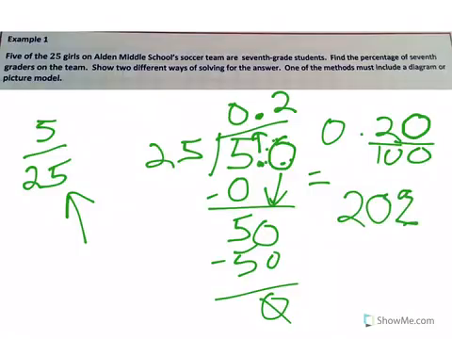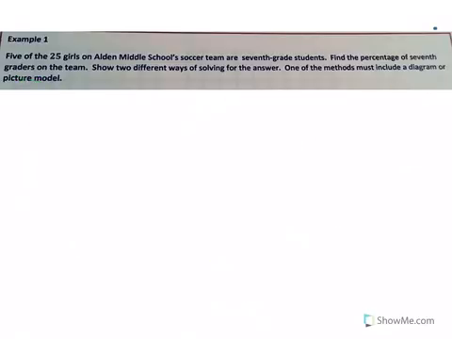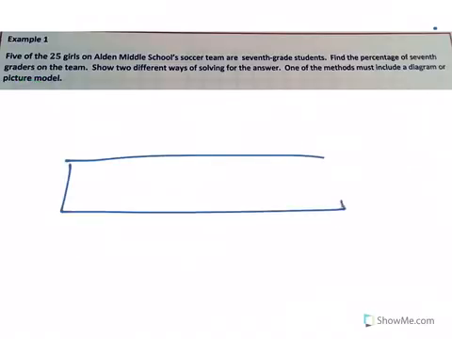Now I'm going to show you a visual model, since they said one of them has to be a diagram or picture model. I'm going to show you a visual way of doing this as well. Okay, I'm going to create a tape diagram here. I know this is 0 and 0, and I know over here we're going to have 100%, and 100% of the students is 25, right?